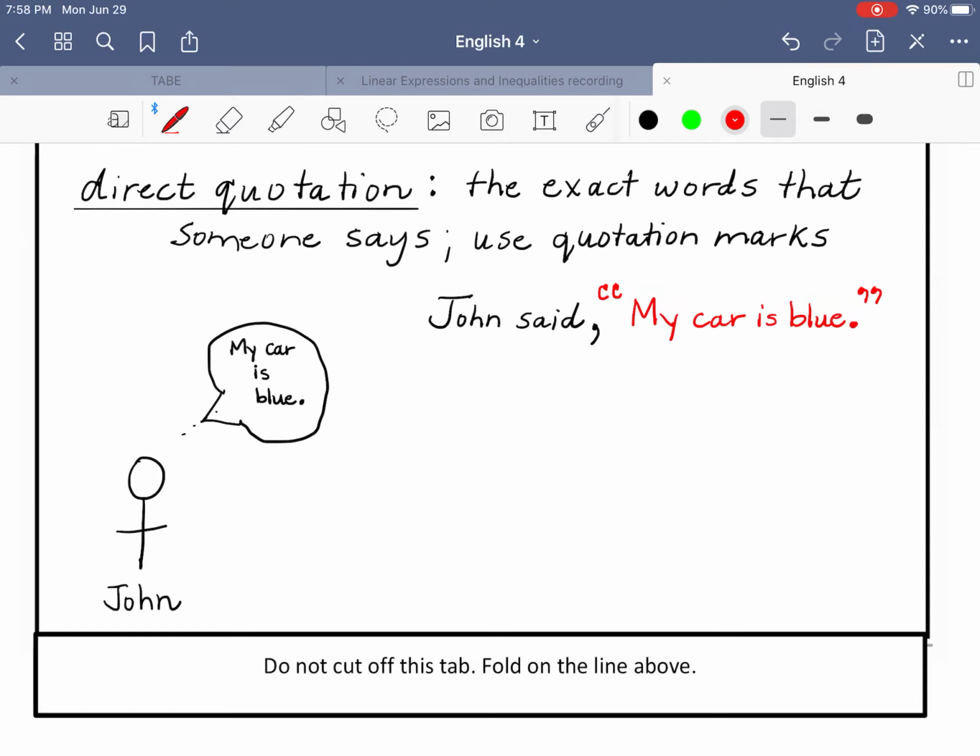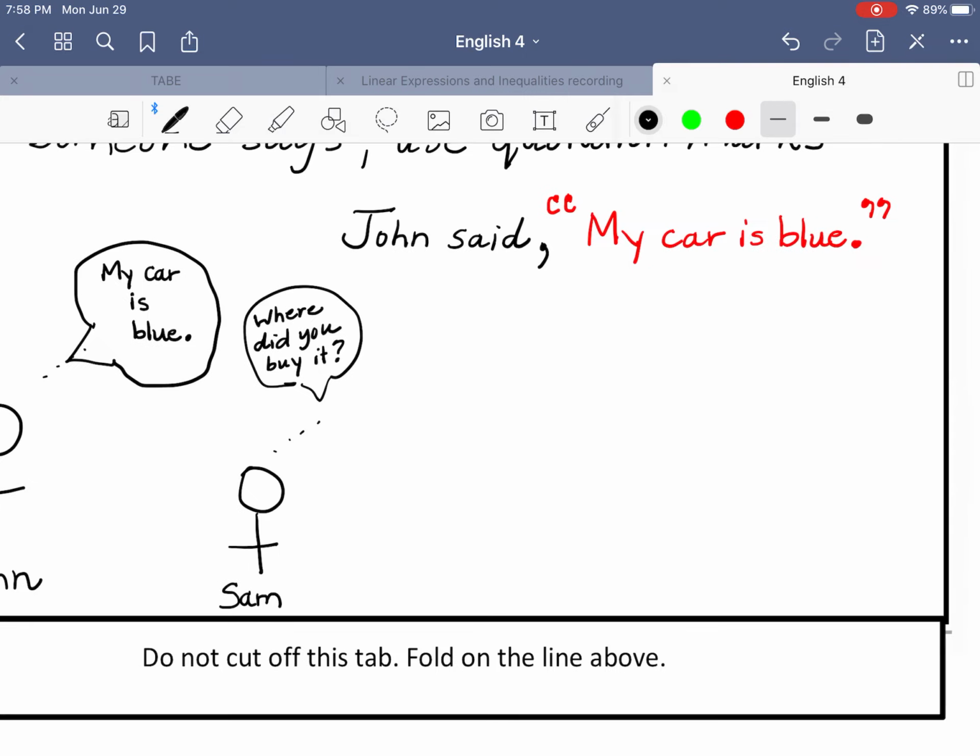Okay. So let me give you another example. Let's draw another stick figure and let's call him Sam. And here's Sam's speech bubble. And guys, I can't draw. Where did you buy it? Okay, so this one might look like this, and I'm going to reverse the order this time. So this time I'm going to open with the quote. You capitalize the first letter.